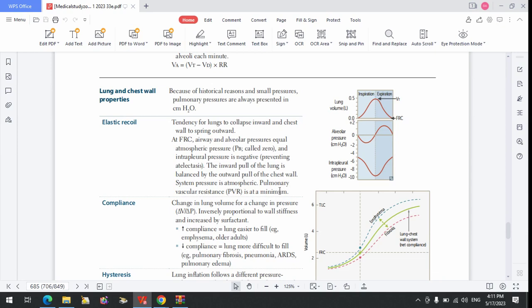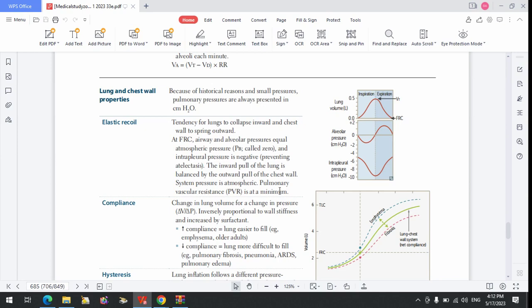The last point I want you to take note of at FRC, at functional residual capacity, is that the pulmonary vascular resistance is at minimum. There are two major things that affect pulmonary vascular resistance: the resistance of the alveolar vessels, the ones surrounding the alveoli, and the resistance of the vessels outside the alveoli, the extra-alveolar vessels, maybe your bronchial vessels and all those things.